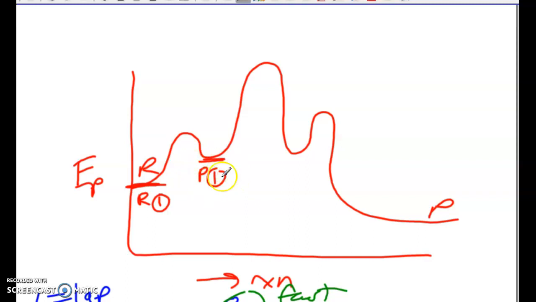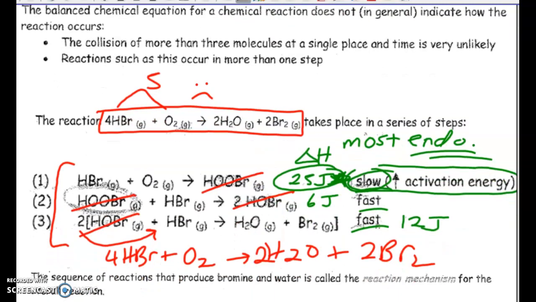The products from step number 1 are typically used as reactants for step number 2. So look what I mean. In step number 1, we made Huber. Huber was then used as a reactant in step number 2. The product from step number 2, our Haber, was used as part of the reactants for step number 3.